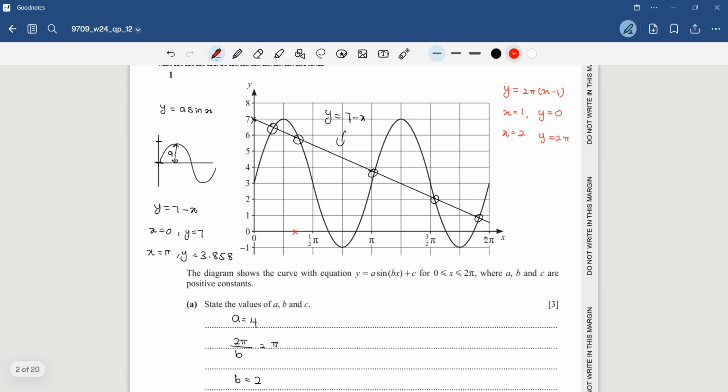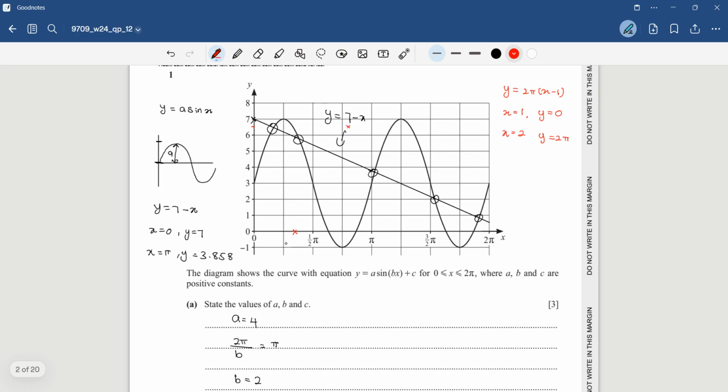So when y equal to 2 pi, approximately here, and y equal to 2 will be approximately here somewhere.